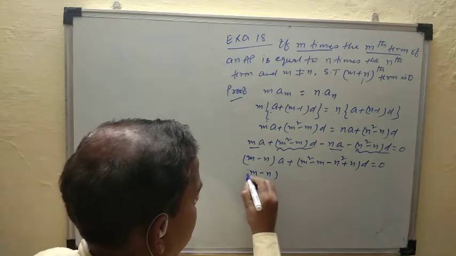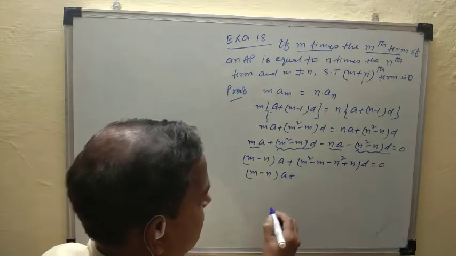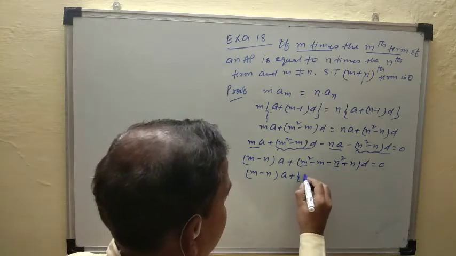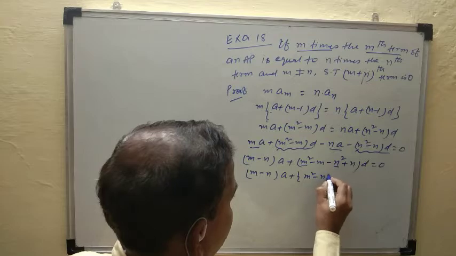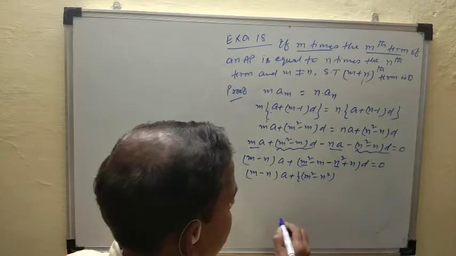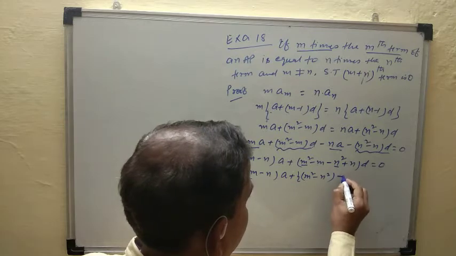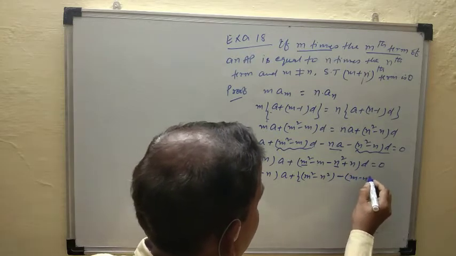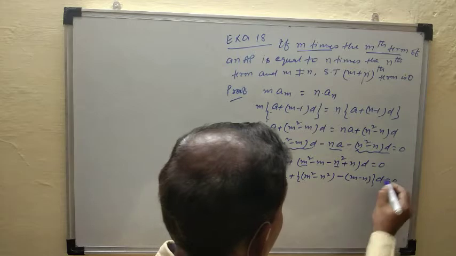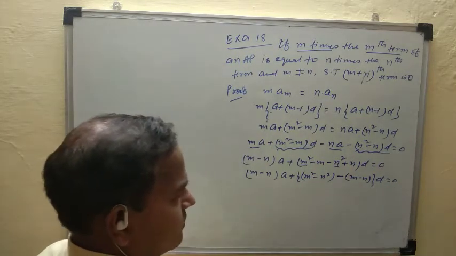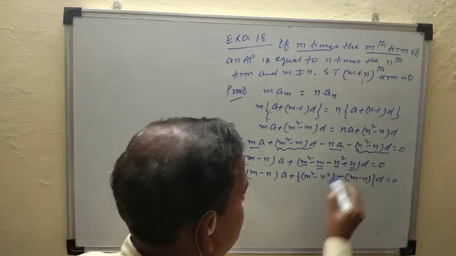Or (m minus n) into a plus (m square minus n square), suppose this is one term, m square minus n square, and minus m plus n, taking minus common becomes (m minus n) into d is equal to 0. In these two terms, taking minus common.